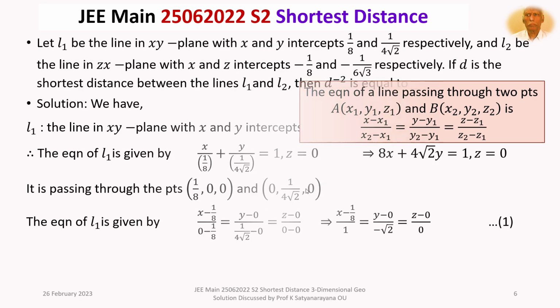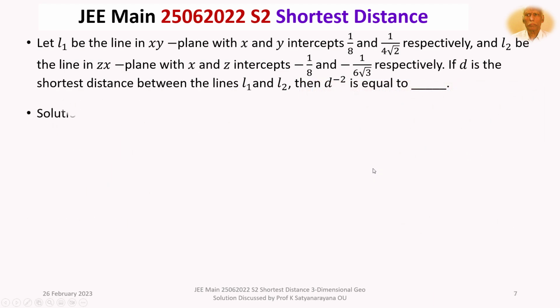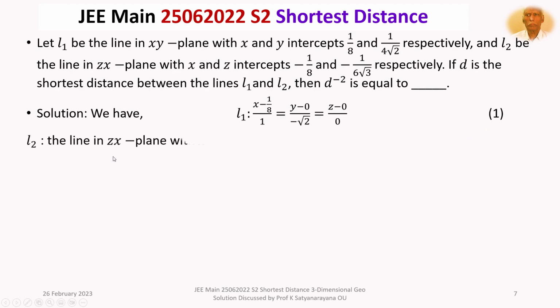We now go to the next slide, and we have already seen L1 is the line x minus 1 by 8 by 1 is equal to y minus 0 by minus root 2 is equal to z minus 0 by 0. Let's call it equation 1. And L2 is given, that is a line in the zx plane with x and z intercepts respectively minus 1 by 8 and minus 1 by 6 root 3.